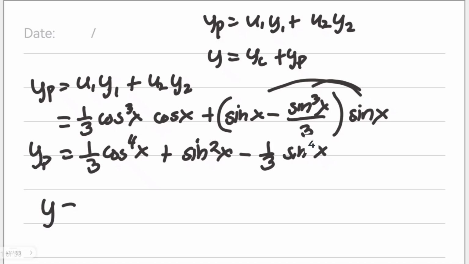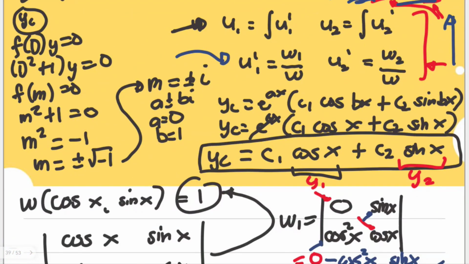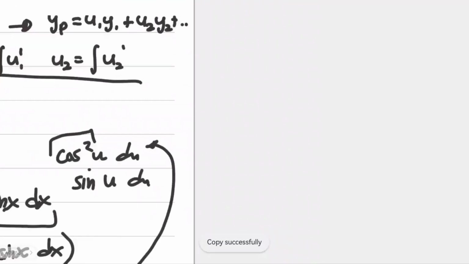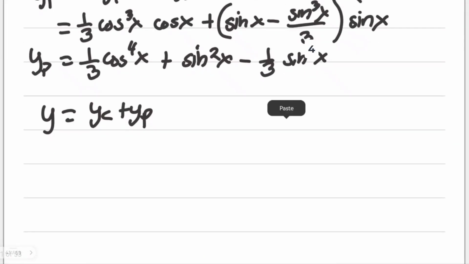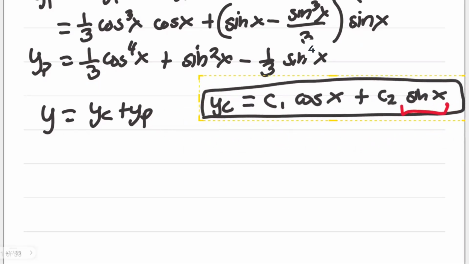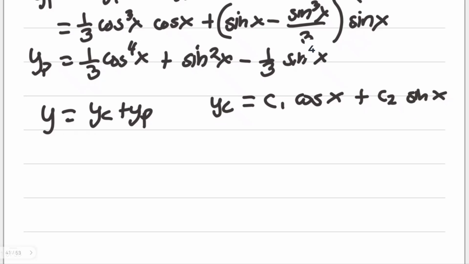Finally, y is y sub c plus y sub p. Let me copy the y sub c earlier. Okay, copy. Let me place here the y sub c, removing this and that. So finally, we have this, our solution.